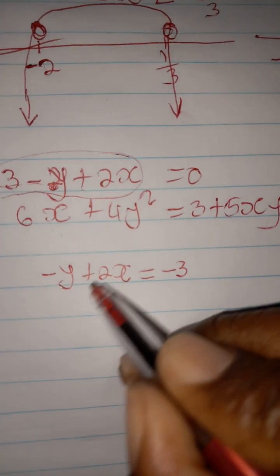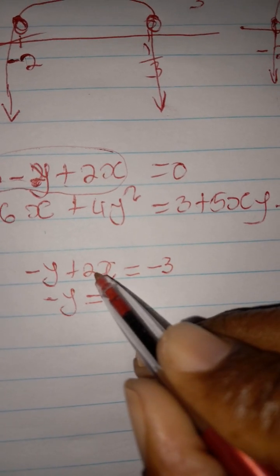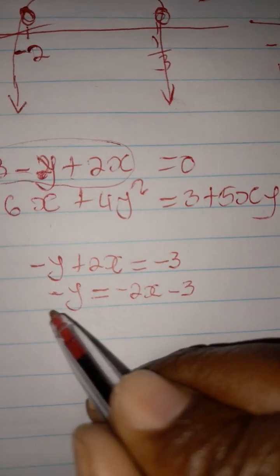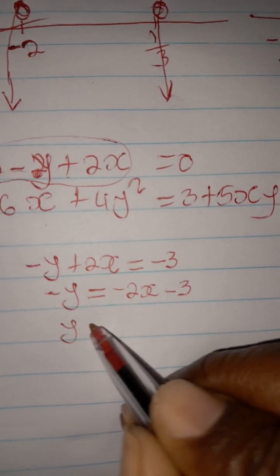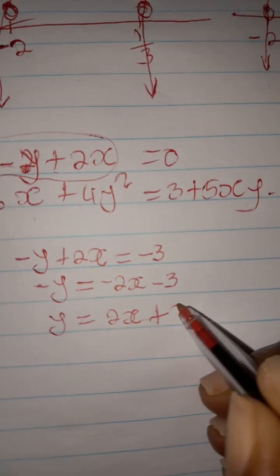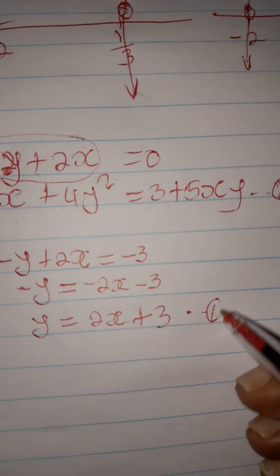Then also transpose 2x, that will be negative 2x minus 3. Then let's divide everything by negative, so this becomes positive, and this becomes positive, as well as this. So we are going to have equation 1.